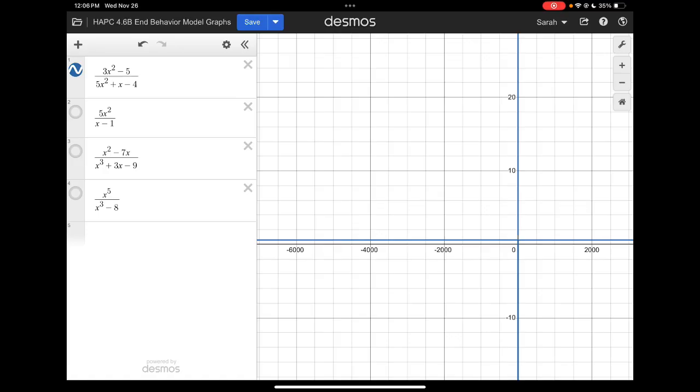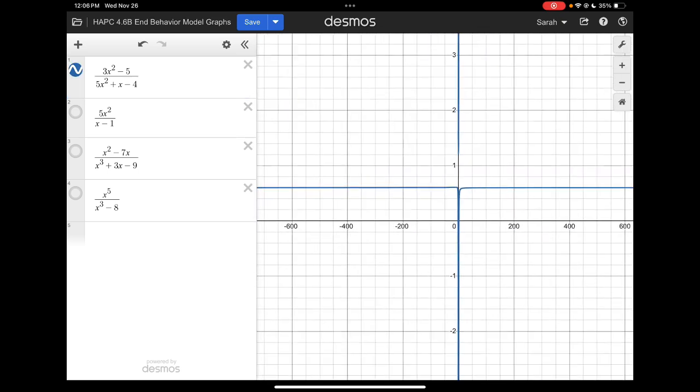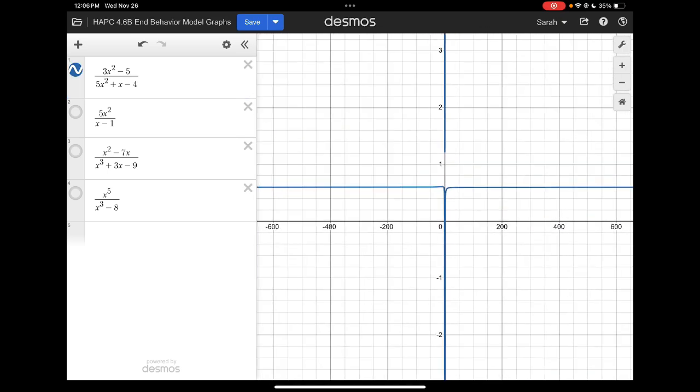And so we knew that it was going to act like a horizontal line, and in fact, that horizontal line looks like it's 3/5, right? Like look at the scaling on that, okay? It's in between 0 and 1, so 3/5 seems good. So long term, this is acting like a horizontal line. And we knew what that was going to be, that was our horizontal asymptote. Okay, let's look at our next one.